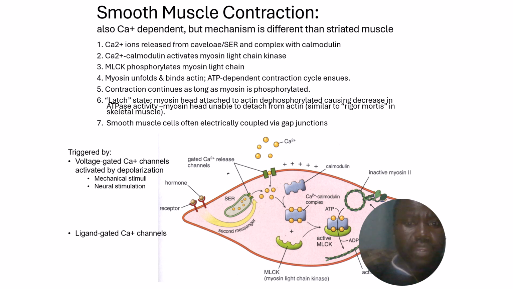Now, the calcium-calmodulin complex binds to the myosin light chain kinase (MLCK), which becomes active, such that this now causes phosphorylation of the myosin.